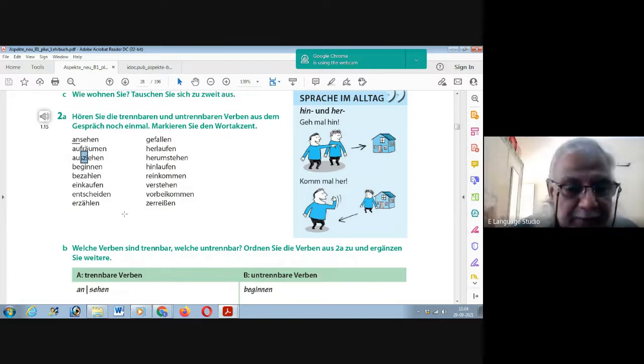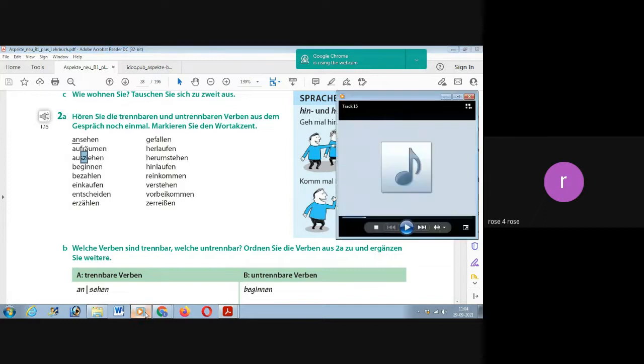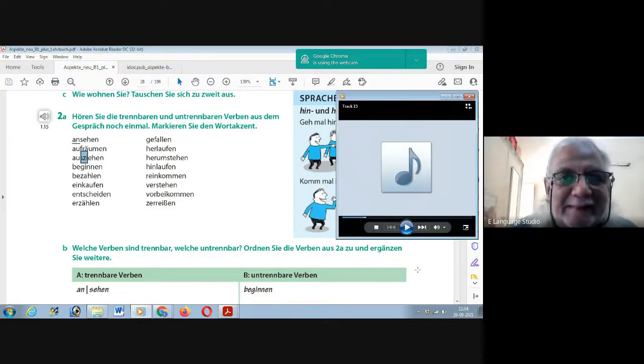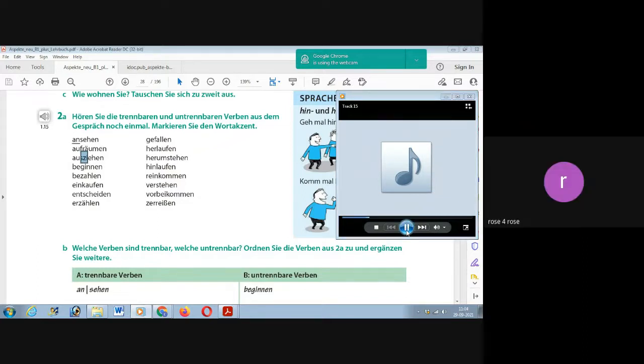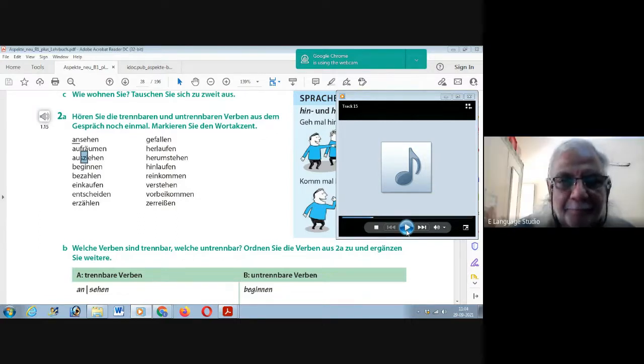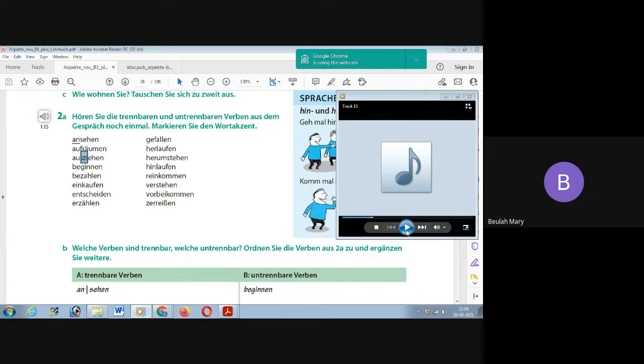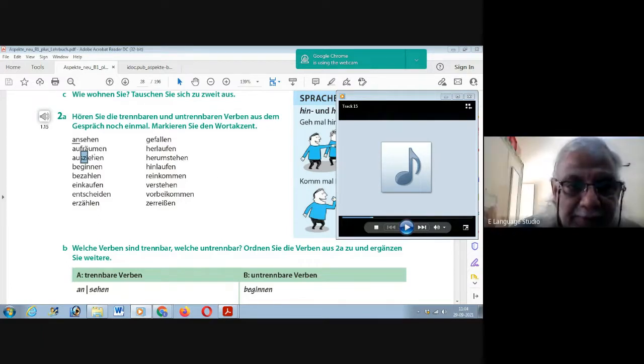See how very distinctly it's different from aussehen. It's not a Z, it is a ts. Ausziehen. Got it? Please don't mistake this word with the Z sound.